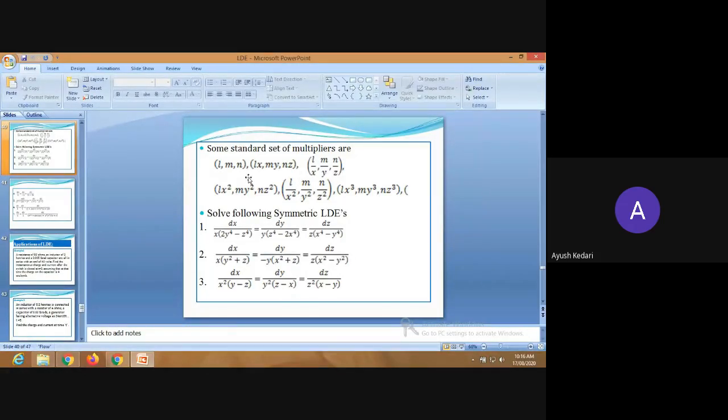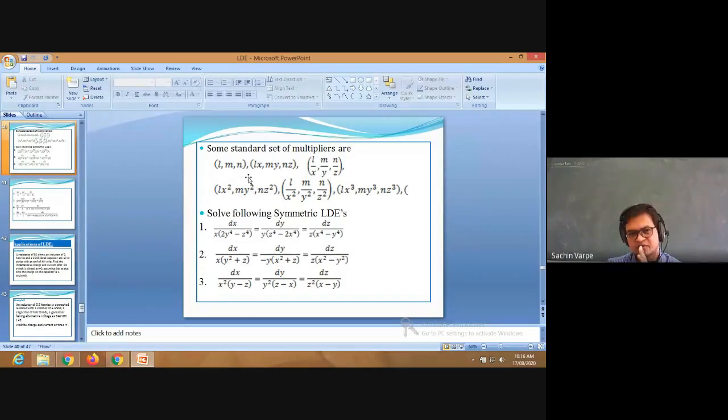No. Because we are having 2y raised to 4, right? And do we have a minus y raised to 4 term anywhere? Yes, in the last ratio we are having minus y raised to 4. So that will cancel, but we are having 2, no? So let us multiply the third ratio by 2. That means the multipliers are 1 by x, 1 by y, and 2 by z.